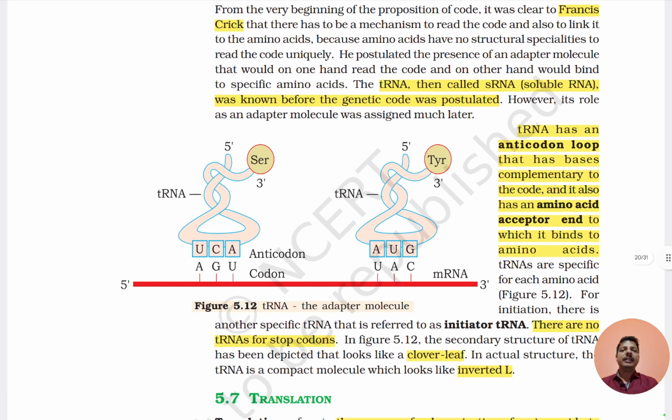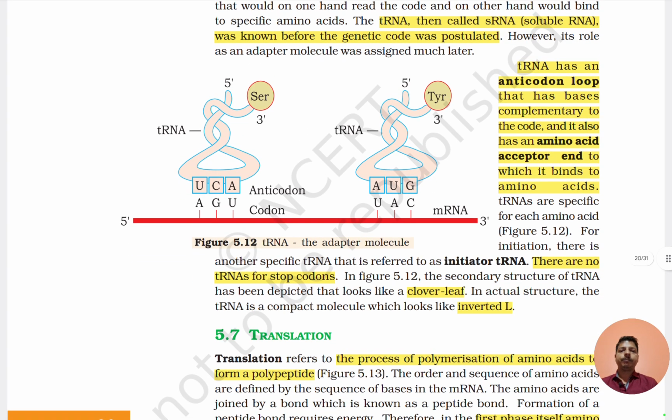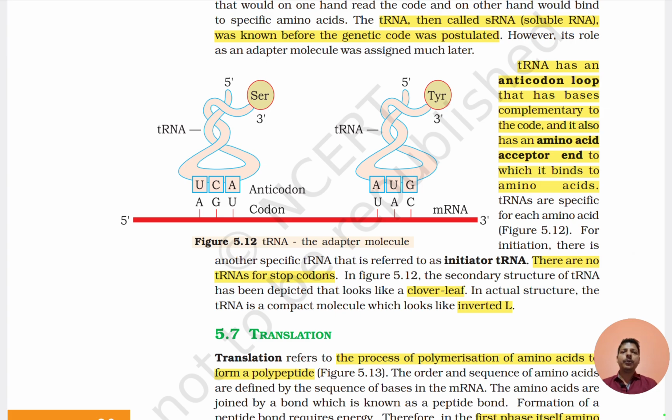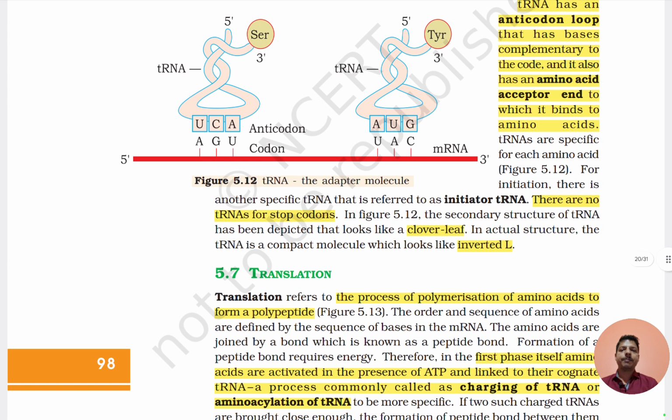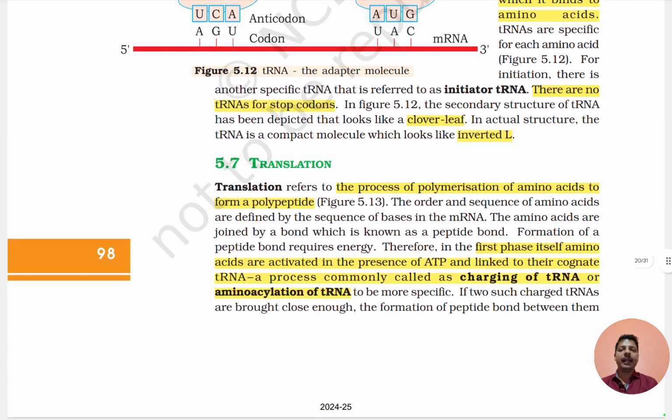The tRNA, then called sRNA, was known before the genetic code was postulated. tRNA has an anticodon loop with bases complementary to the codons, and it also has an amino acid acceptor end to which it binds the amino acids. tRNAs are specific for each amino acid. For initiation, there is another specific tRNA, the initiator tRNA. There are no tRNAs for stop codons, remember. It looks like a clover leaf in 2D structure, and in 3D structure it looks like an inverted L.